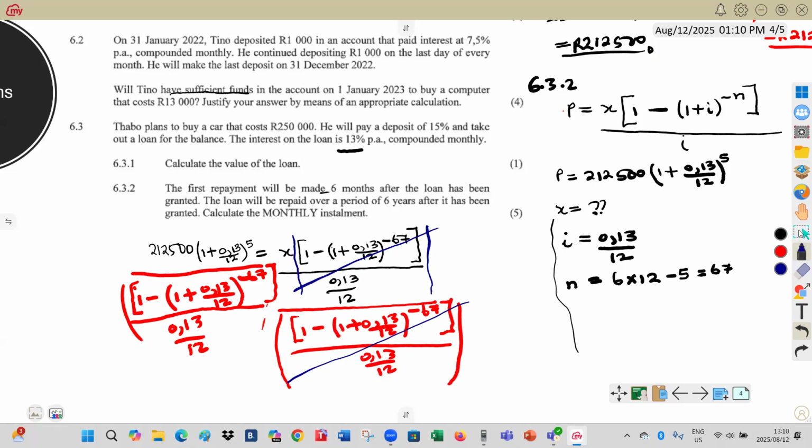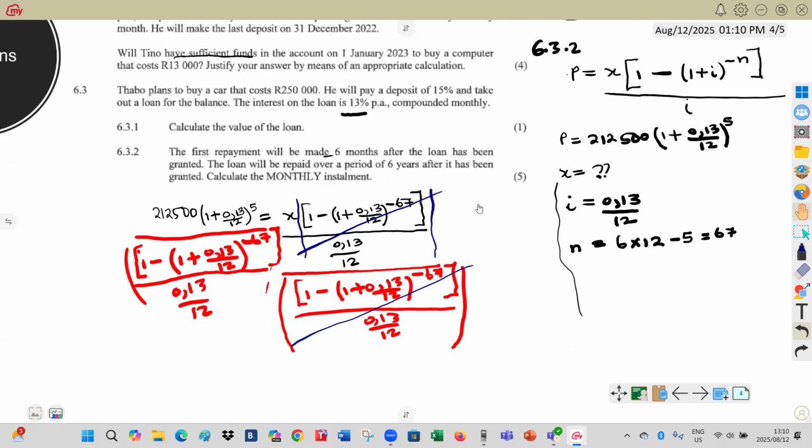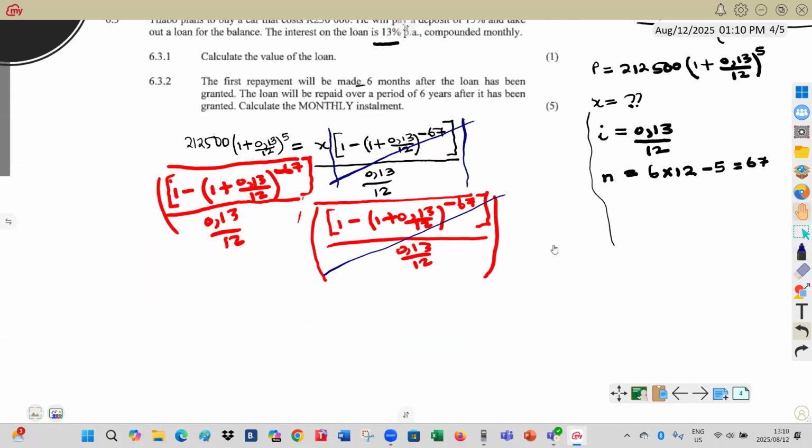So solving for our x, we are now just going to punch that on the calculator. So it simply means that our x is going to be equal to, we are going to punch this part on the calculator. So we go to our calculator.